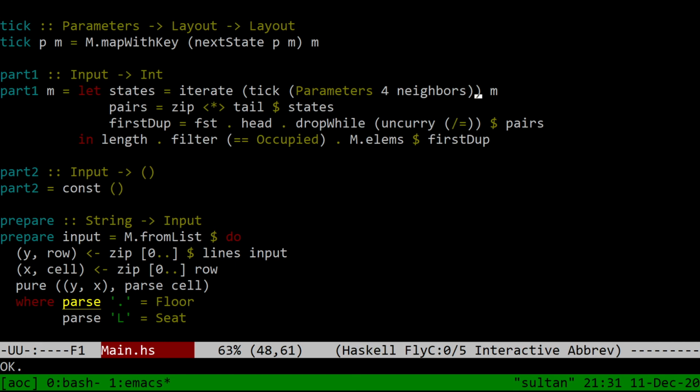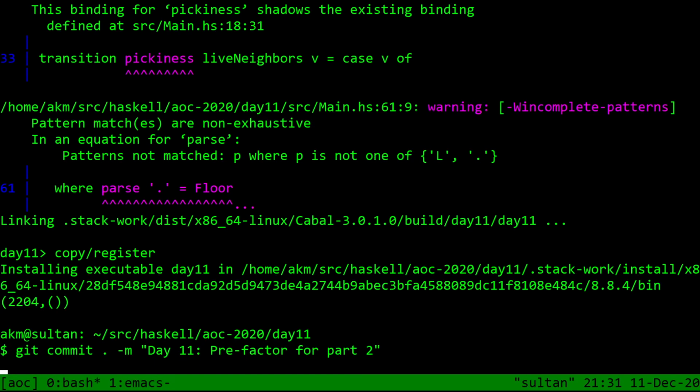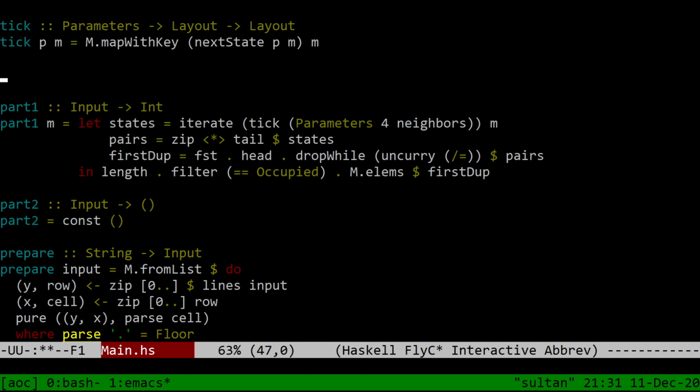Okay, so now I think what we'll do actually is git commit this. Day 11 prefactor for part 2. And now the only thing left to write, oh, actually, we'll write solve as a function from parameters, that's how you spell it, to input to int.